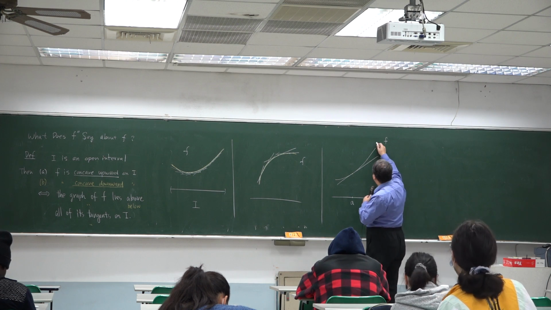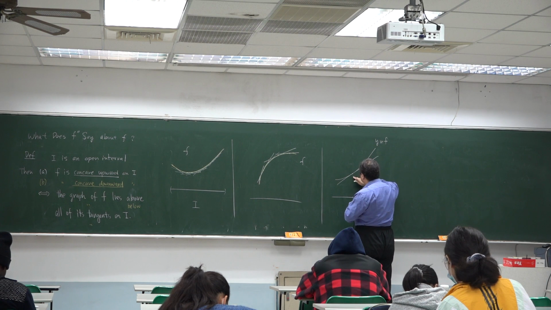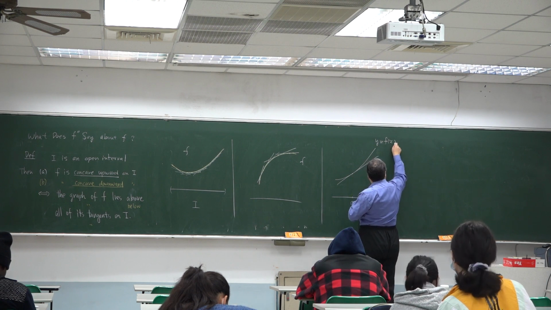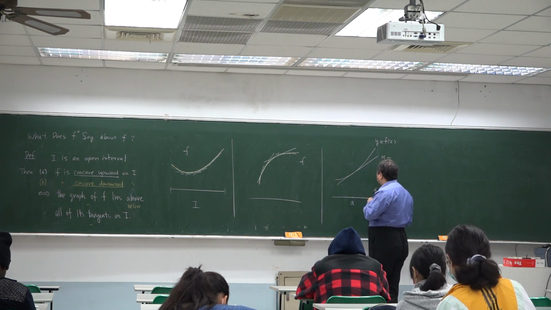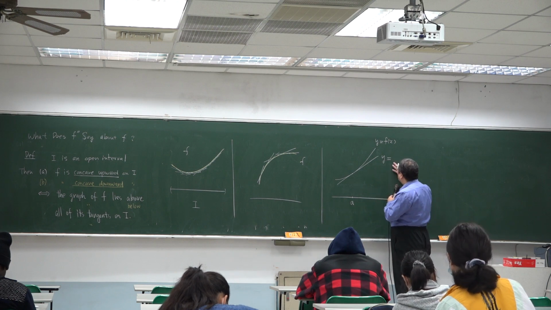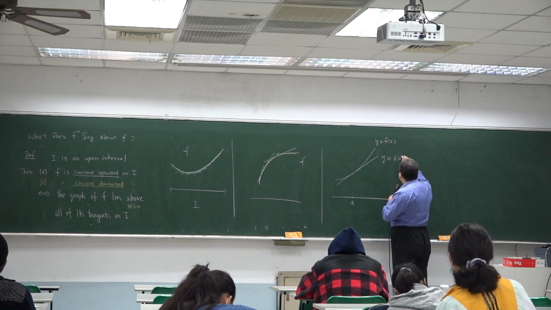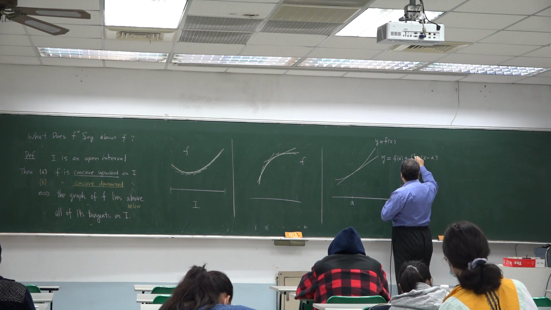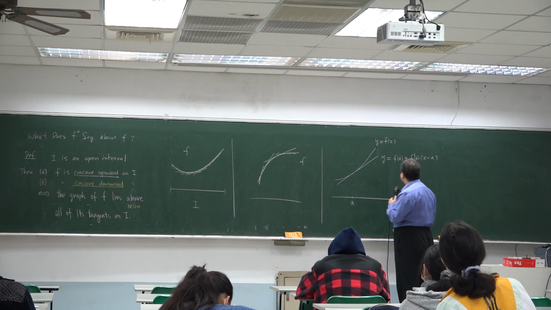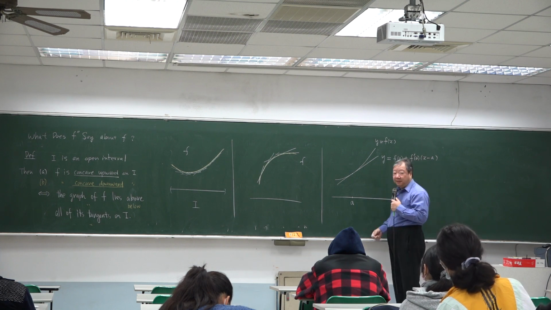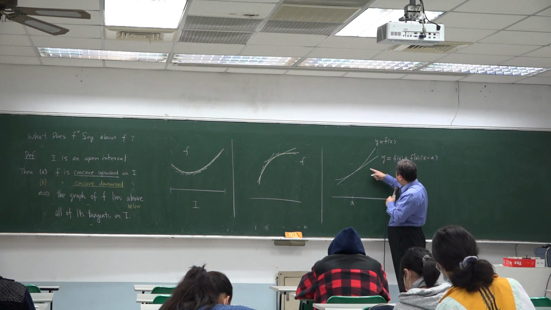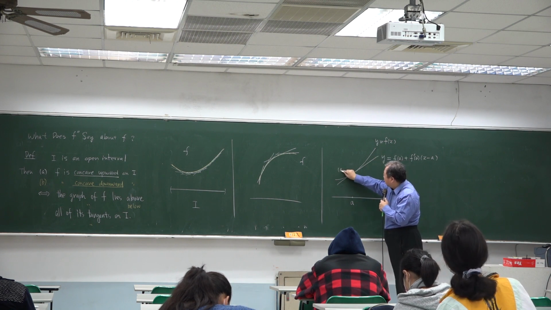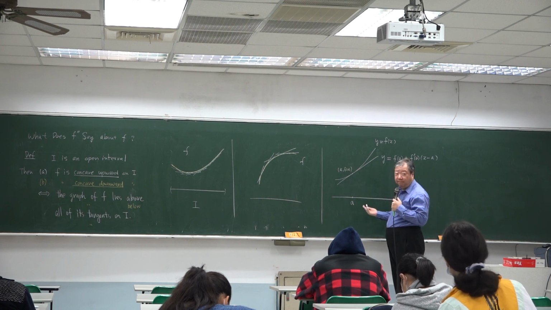Then the tangent of the function f at this point is the line with this equation, y equals f of a plus x minus a, with the slope f prime of a. Okay, this is a tangent to this curve at this point, a, f of a.